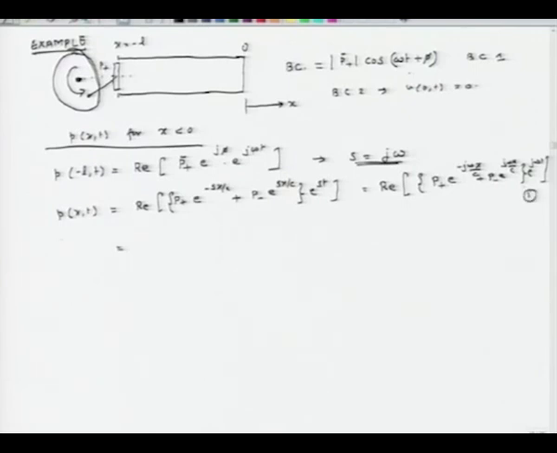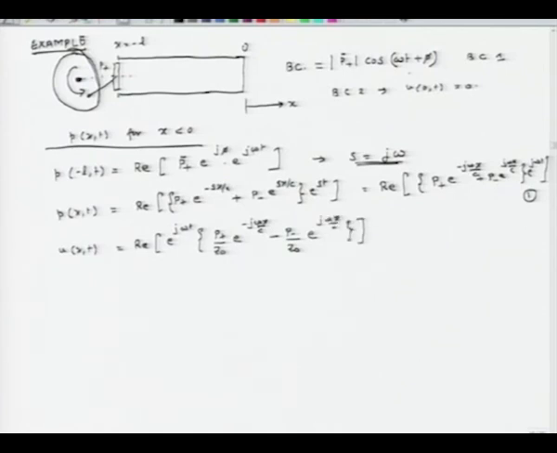Similarly, I can write the equation for velocity u(x,t) is real of e^(j omega t) times [P plus over Z naught e^(minus j omega x over c) minus P minus over Z naught e^(j omega x over c)].